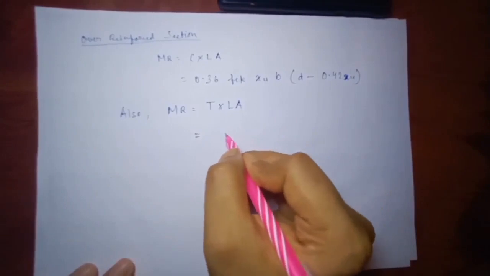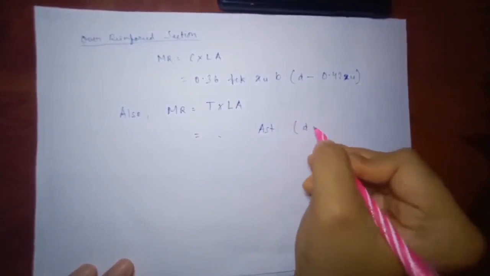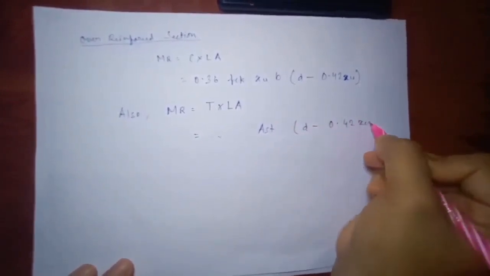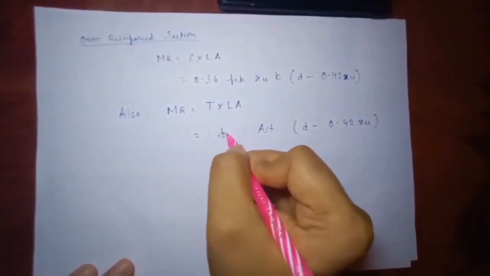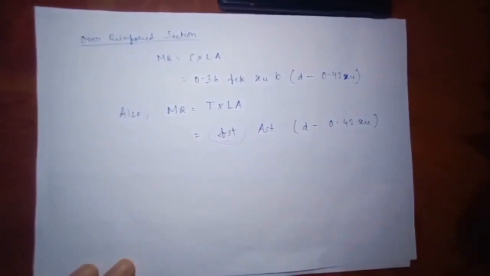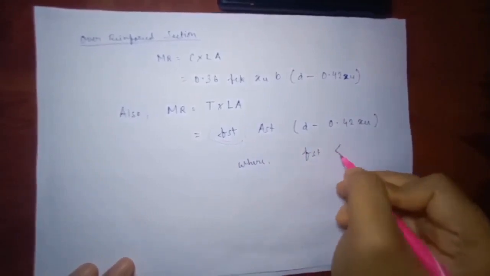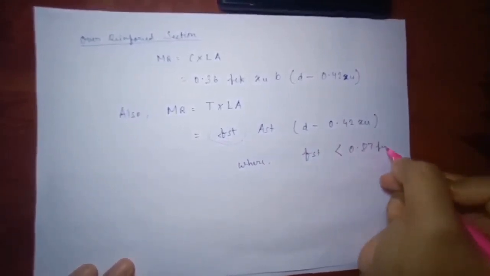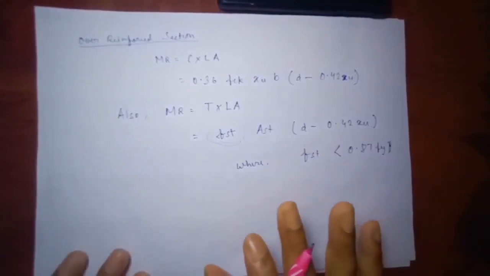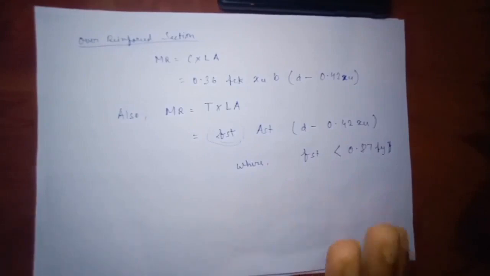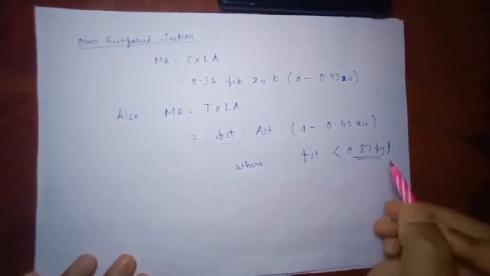Like previously we used to write 0.87 fy Ast (d minus 0.42 Xu), but this time I won't write 0.87 fy. I will write something else, that is fst. What is the significance of fst? fst is less than 0.87 fy, because in our over reinforced section the steel experiences a stress which is lesser than this, and thus it doesn't yield.